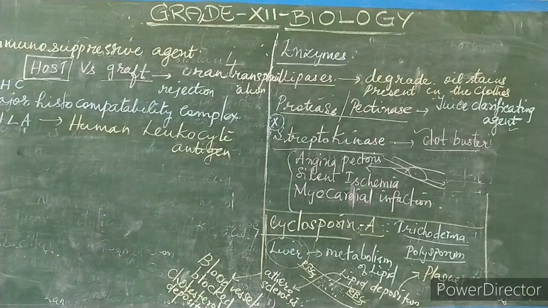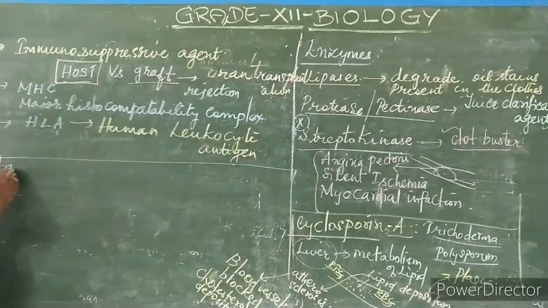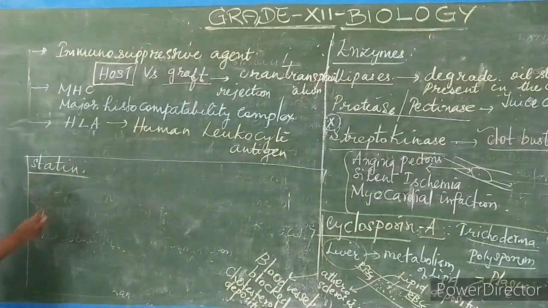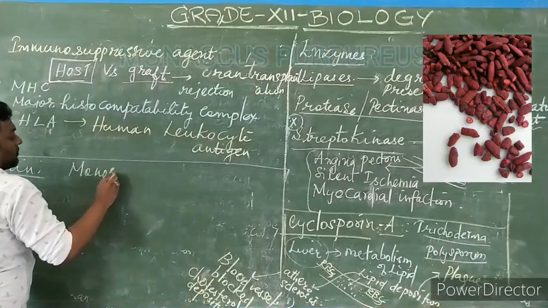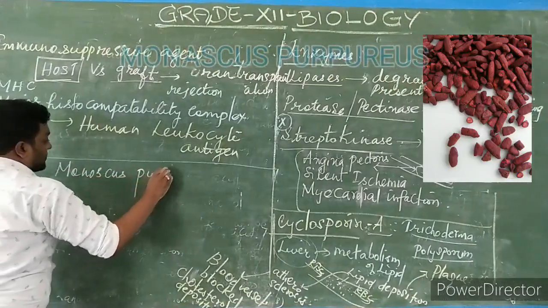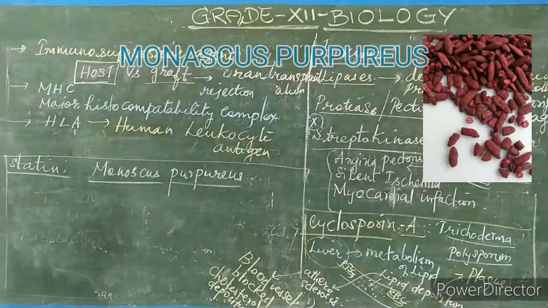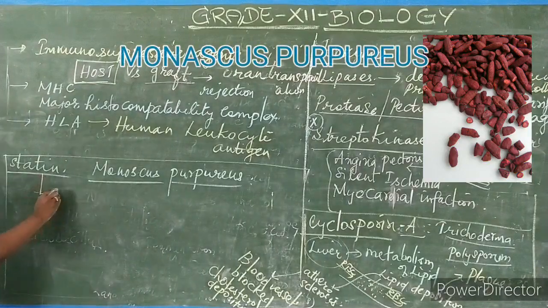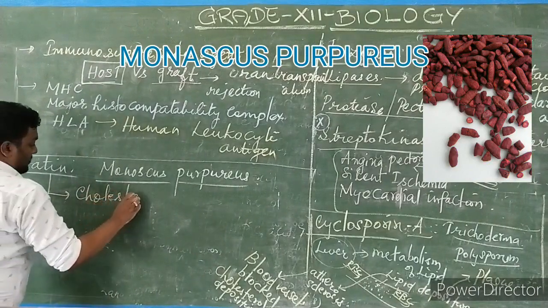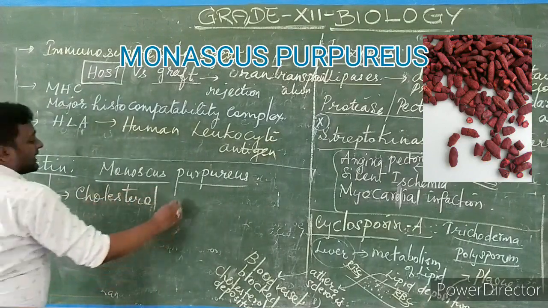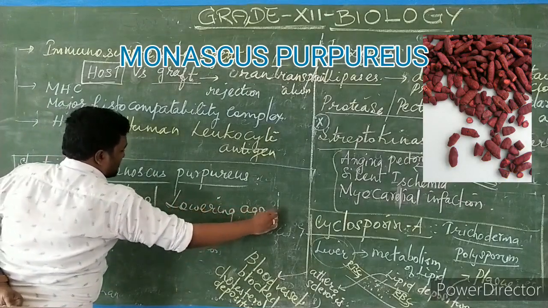Statin is being produced by Monascus purpureus, a bacteria. And this statin is nothing but a cholesterol lowering agent. It is a cholesterol lowering agent.